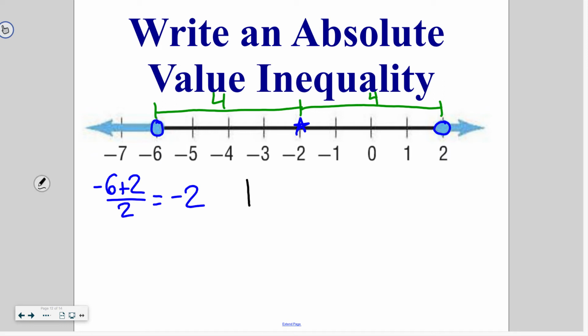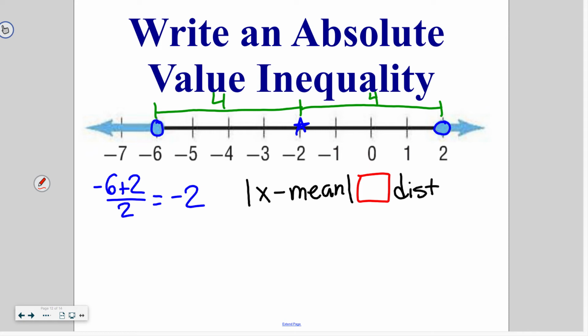Just like with the equation part, I have x minus the mean, or minus that middle number, in the absolute value, and the distance is off by itself. The symbol that you are going to plug in between is going to depend on you recognizing the type of graph that we have going on.